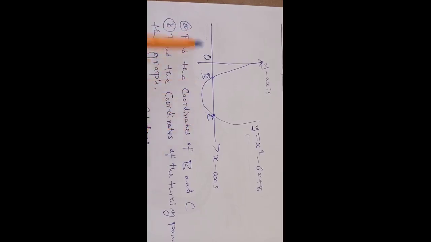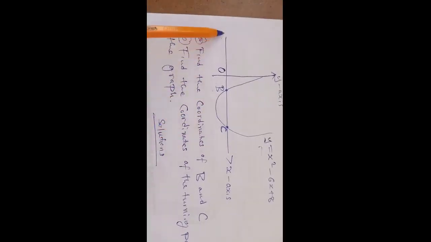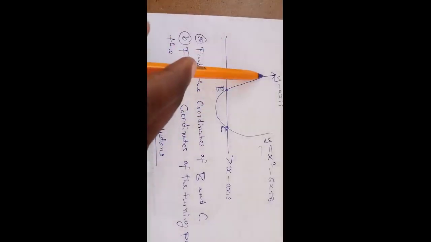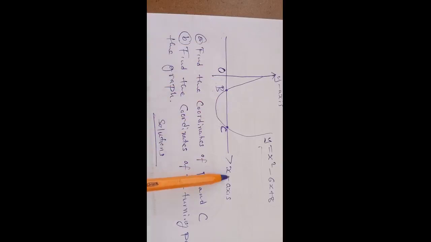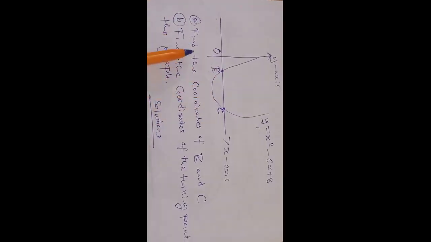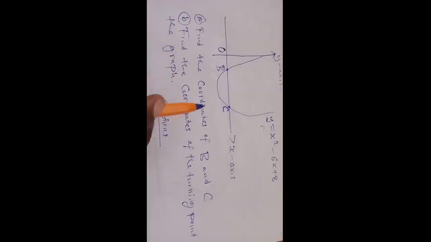For you to find these x values, you need to know that the point at which this graph is cutting the x-axis is what we call the intercept. We learned this in the previous video. If you didn't watch those videos, kindly go back so that we move together.